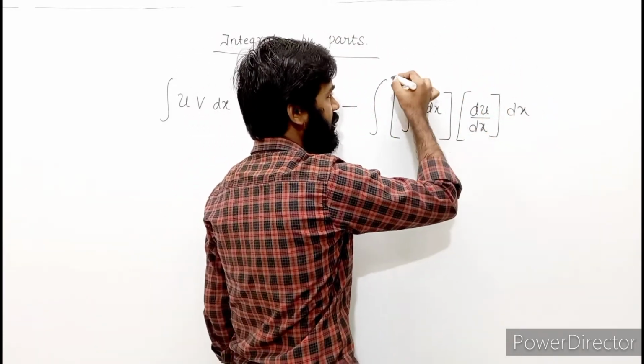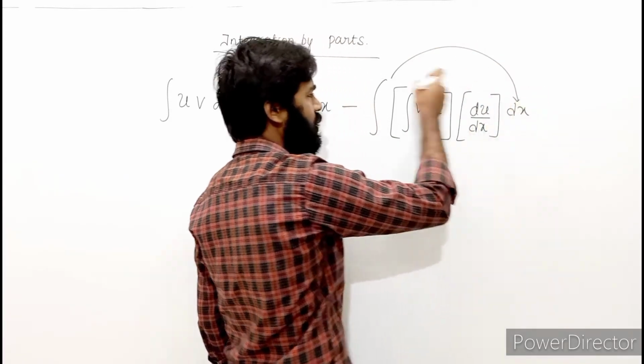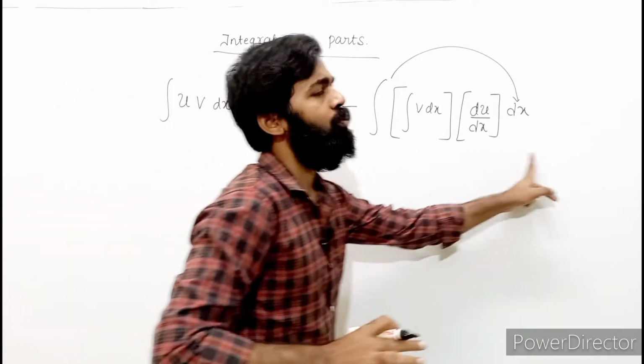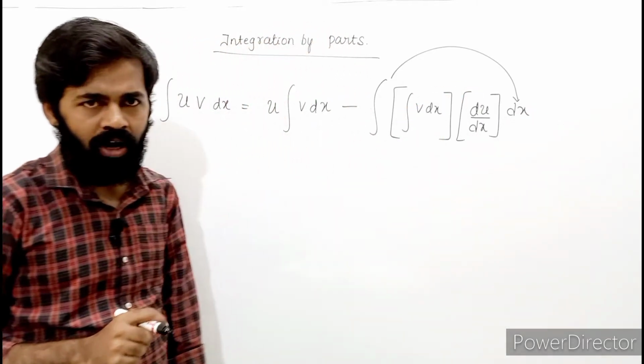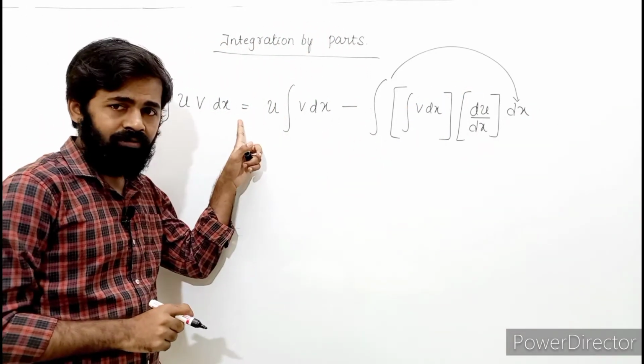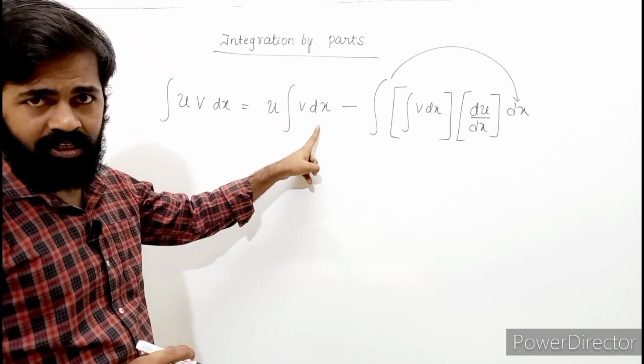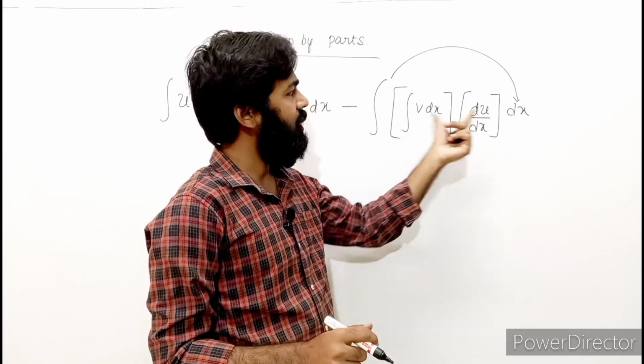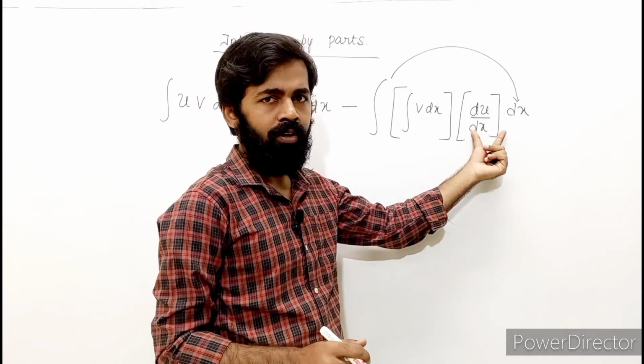This dx belongs to this integration, right? This is the rule for integration by parts: integration of uv dx equals u as it is times integration of v, minus integration of integration of v into differentiation of u.